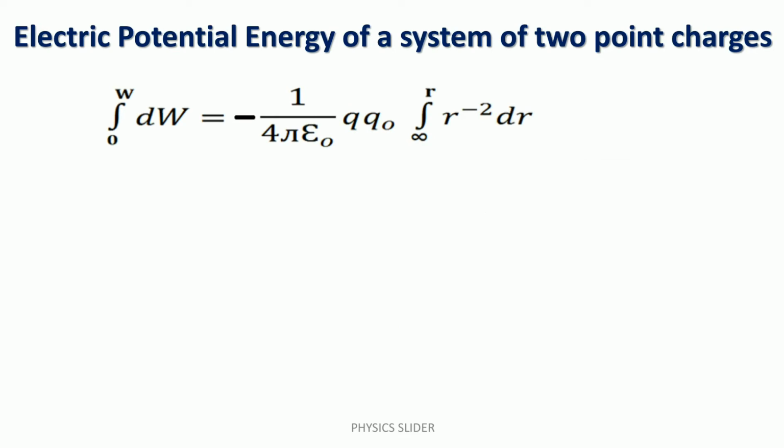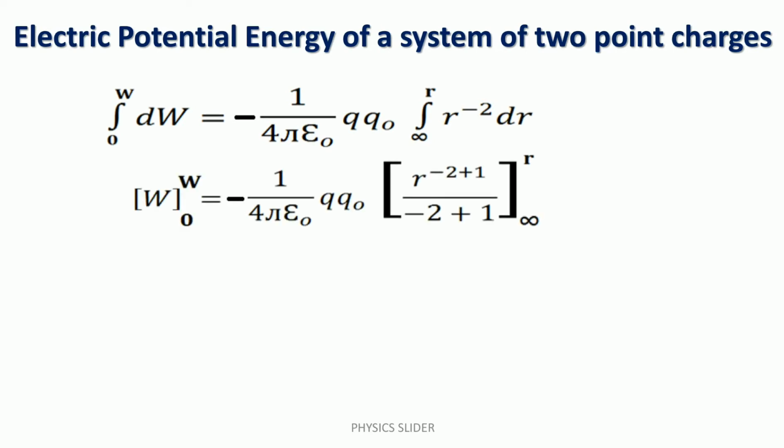So this will be integration 0 to W of dW is equal to minus 1 upon 4 pi epsilon naught Q Q naught integration from infinity to r of r raised to the power minus 2 dr. We will integrate this with the help of the formula: adding 1 to the power and dividing by the new power.